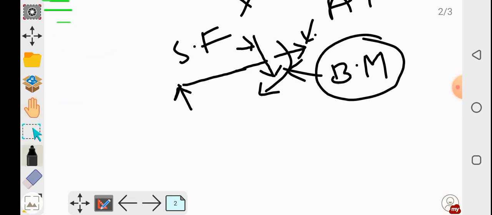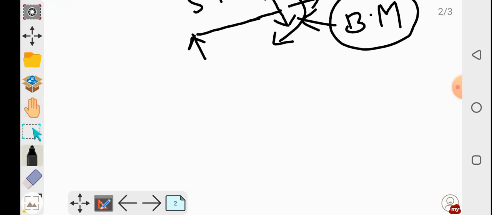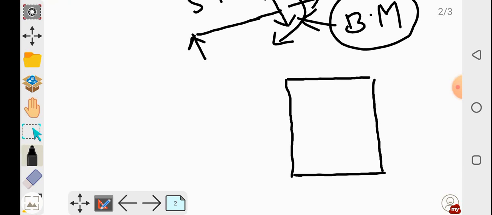From our RCC knowledge, generally our beam is made of RCC. If I talk about a singly reinforced beam, it looks like this. This is the beam, with some reinforcement in the tensile zone. This is the simply supported singly reinforced beam.